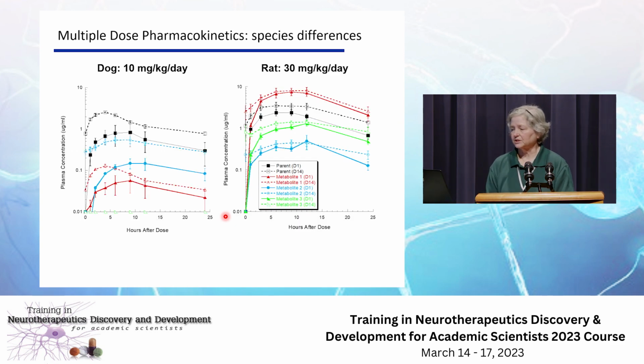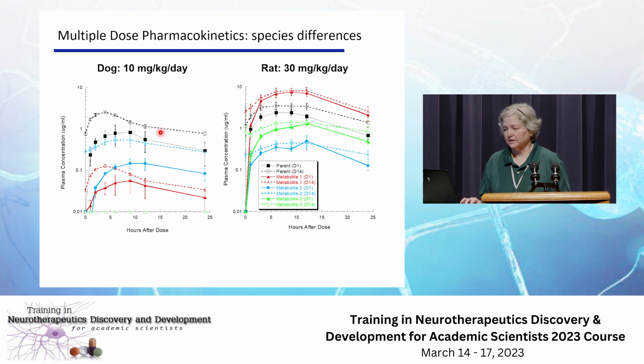One more thing to pay attention to is metabolites. And does the metabolite profile match what you think is going to happen in man? This is one compound dosed in both rats and dogs where we measured several different metabolites. In the dogs, parent compound is the major species in circulation with lower concentrations of the metabolites.